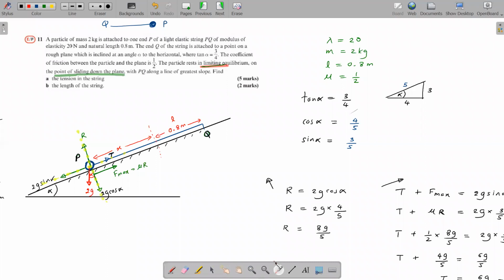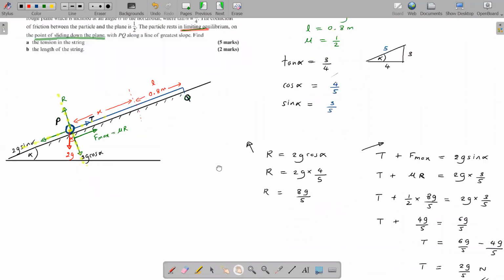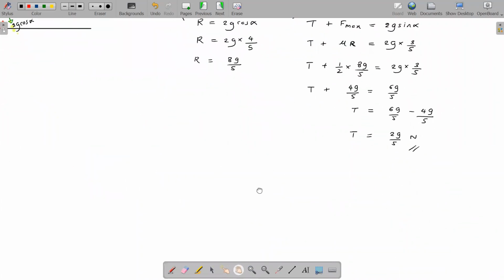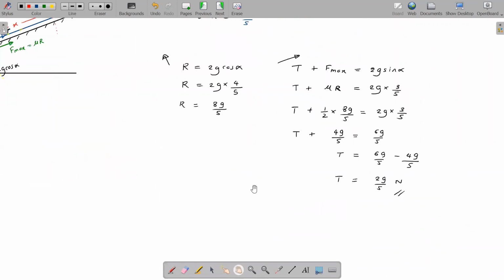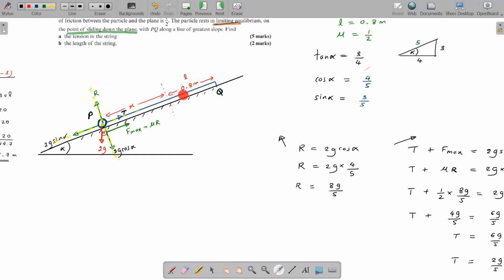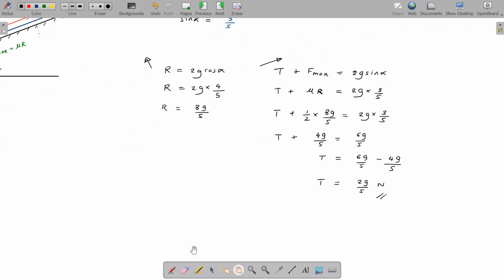Okay, so part B, they want you to find the length of the string. How do you get the length of the string? They want the complete length of the string, natural length plus the extension. How do you get that? We got the tension. The tension value I gave in terms of g.